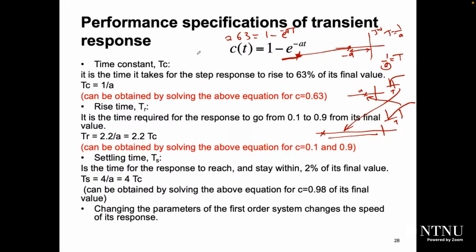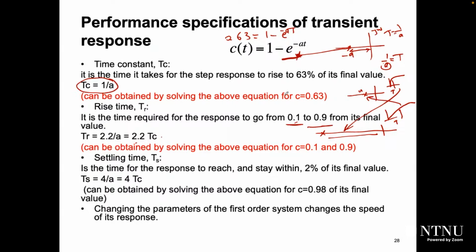So the time constant will be 1 divided by A. Just remember, rise time is the time required for the response to go from 10% to 90% of its final value. And this rise time will be around 2.2 times the time constant, or 2.2 divided by A, because the time constant is 1 divided by A.